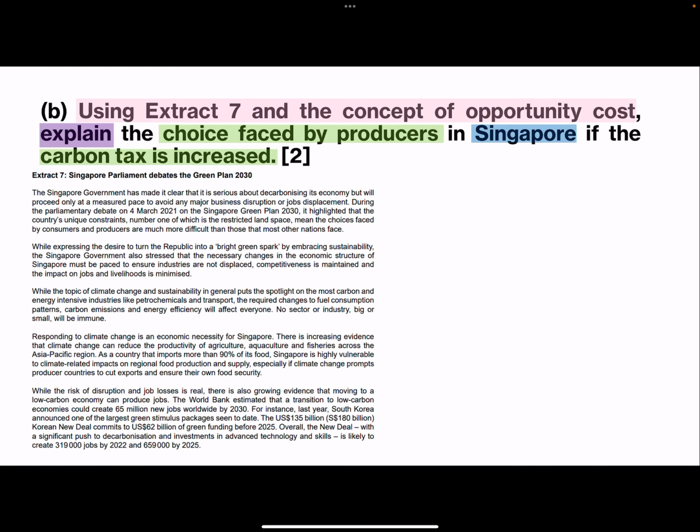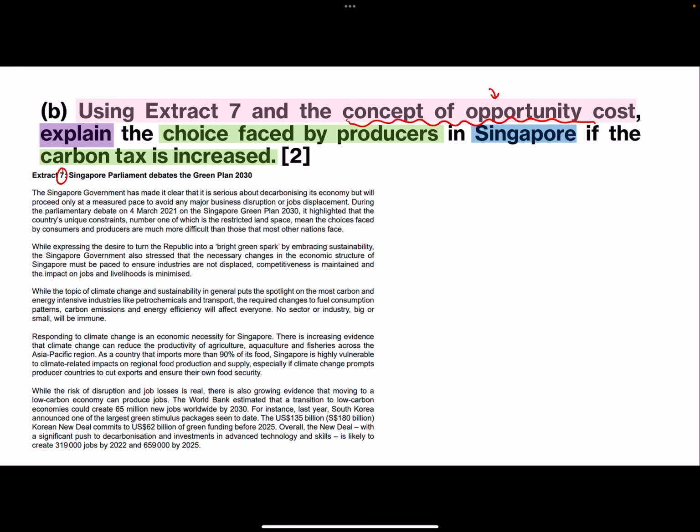Okay, next, they say use extract 7, which is here, and the concept of opportunity cost. This is a question requirement. Explain the choice that is faced by producers in Singapore if the carbon tax is increased.